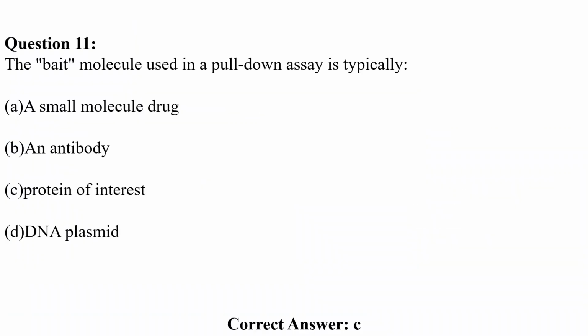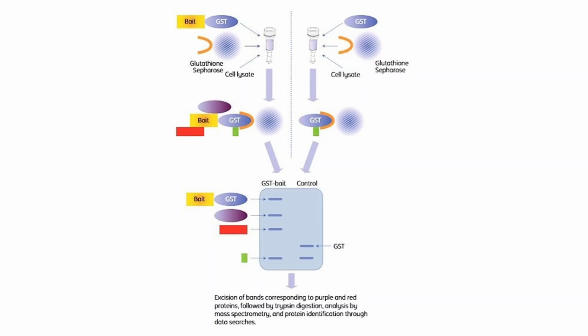So in the pull down assay, we have a GST that is attached to a matrix, like we had in affinity chromatography. Similar to that, we have GST, that is glutathione S transferase, attached to a Sepharose or agarose matrix, and to that we can add the cell lysate.